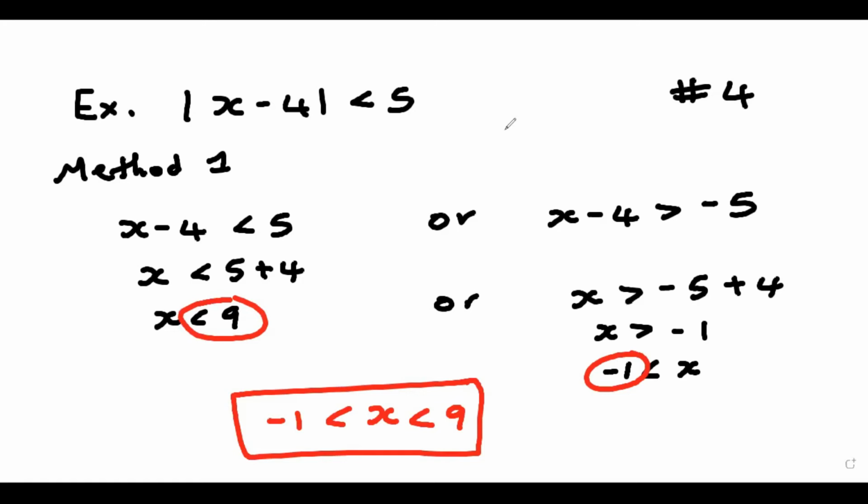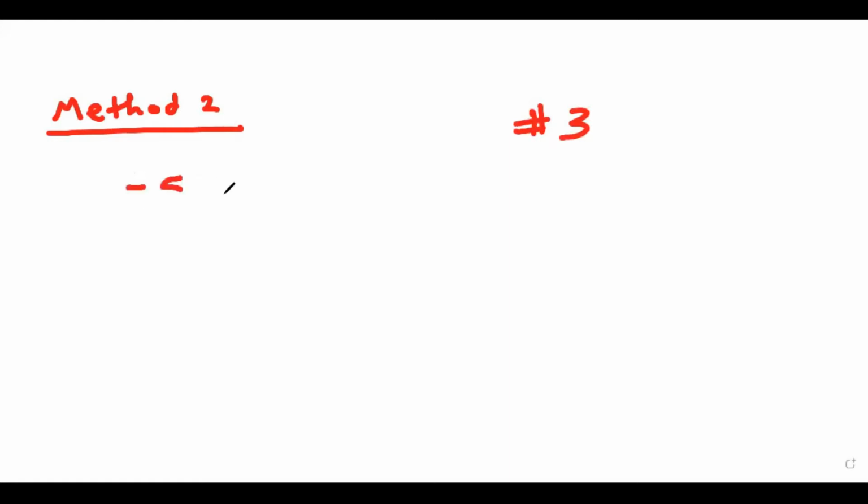So we can use another method. So method 2, we're going to use property number 3. So we'd have -5 less than the modulus, which is x - 4, less than positive 5.